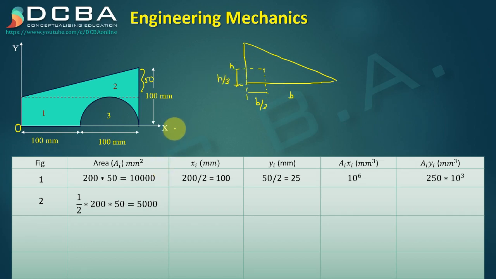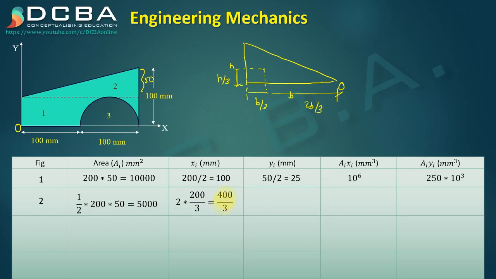But now you see our point O for this triangle is at this point, and we want the centroid from point O. So the centroidal distance from point O is now 2b by 3. What we know, this b by 3 is from the right angled end. Here we are not measuring from the right angled end, but this point O is at the short end. So from there it is 2b by 3. 2b by 3 means 2 into 200 by 3, which is 400 by 3.